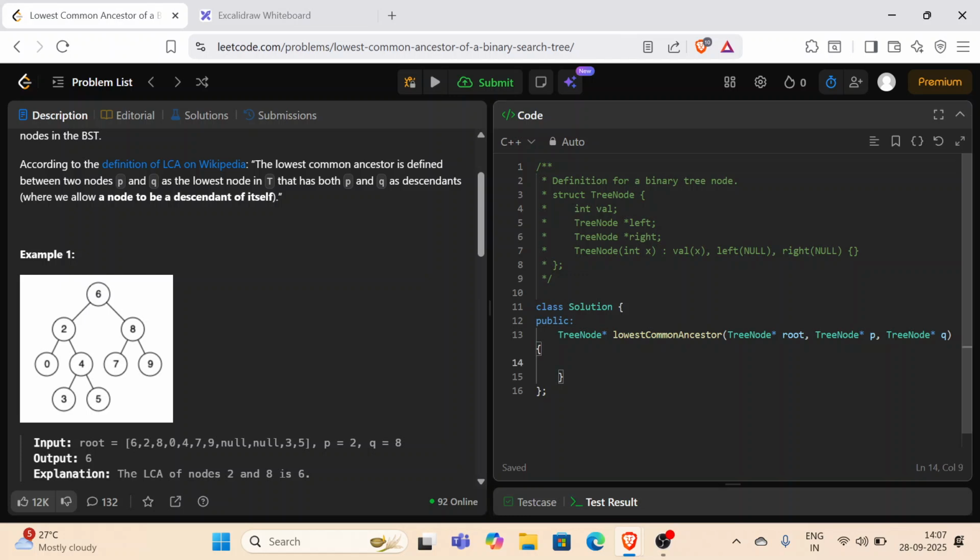As we are using recursion, we need a base case, obviously. If our root is a null pointer, we'll return a null pointer.